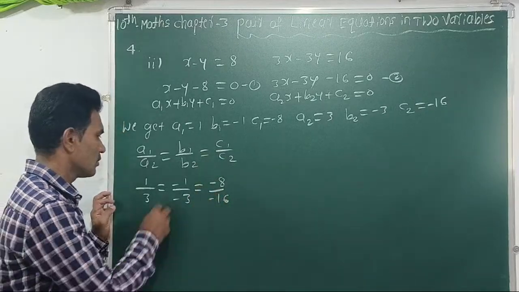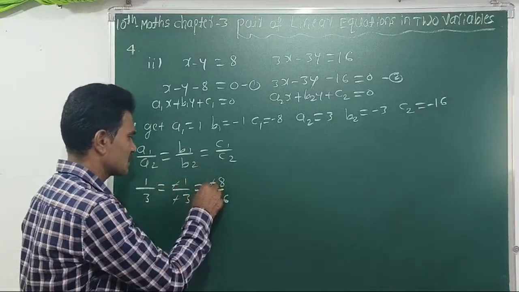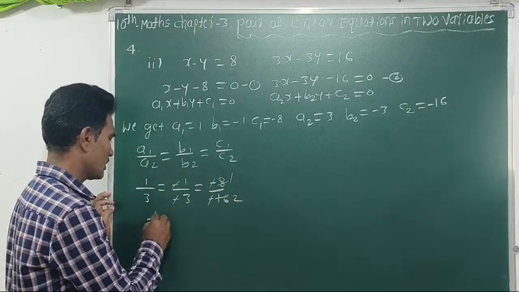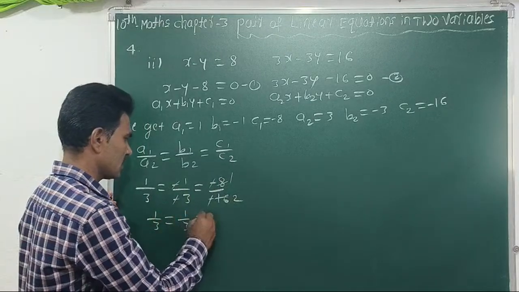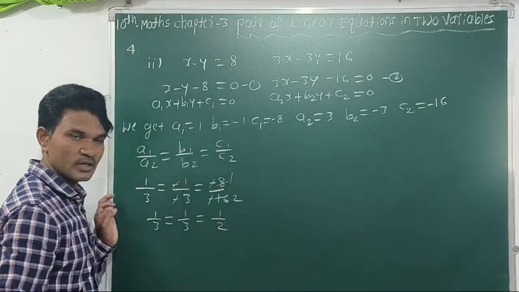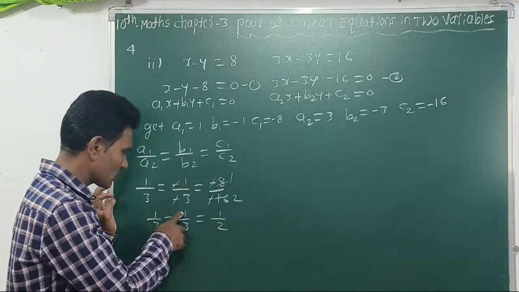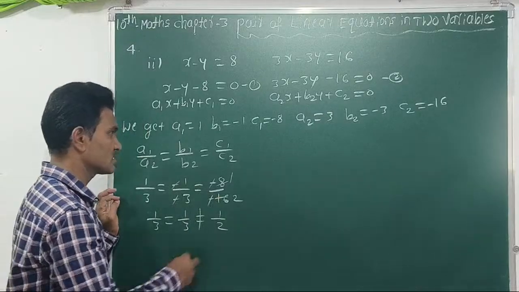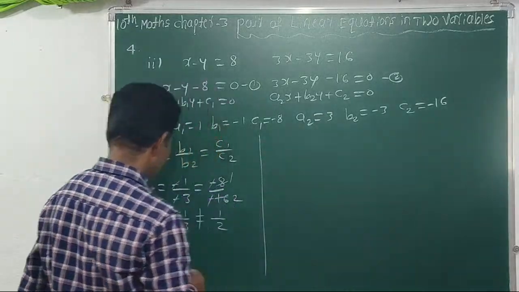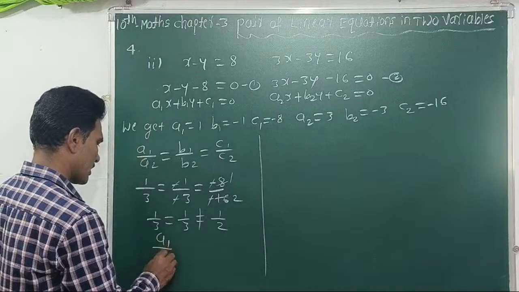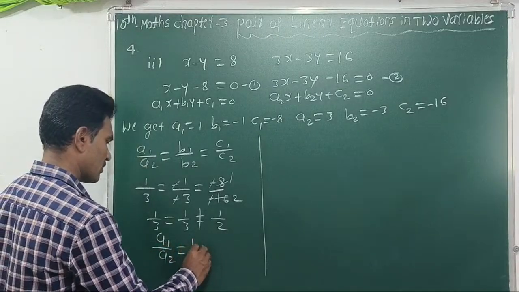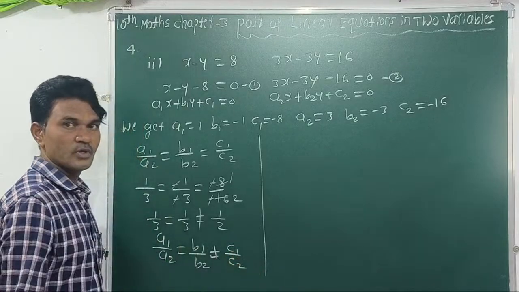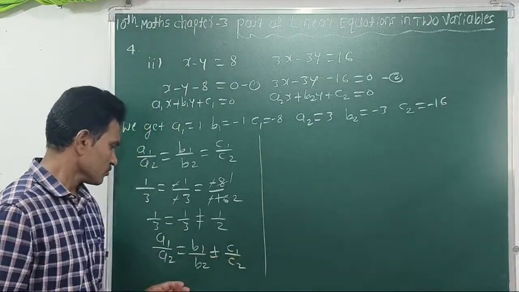Minus minus cancel, minus minus cancel, 8 1s are 8, 8 2s are 16, so 1 by 3, 1 by 3, 1 by 2. Here 1 by 3 is equal to 1 by 3, but not equal to 1 by 2. That means here a1 upon a2 equals b1 upon b2, not equal to c1 upon c2.